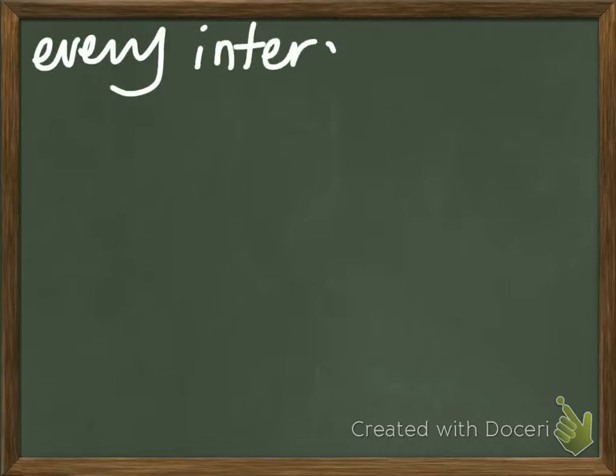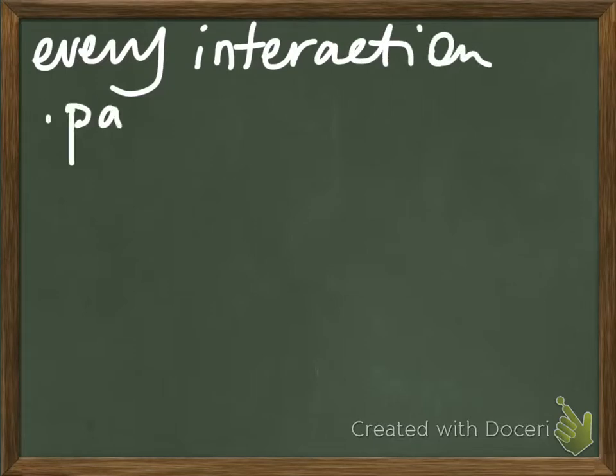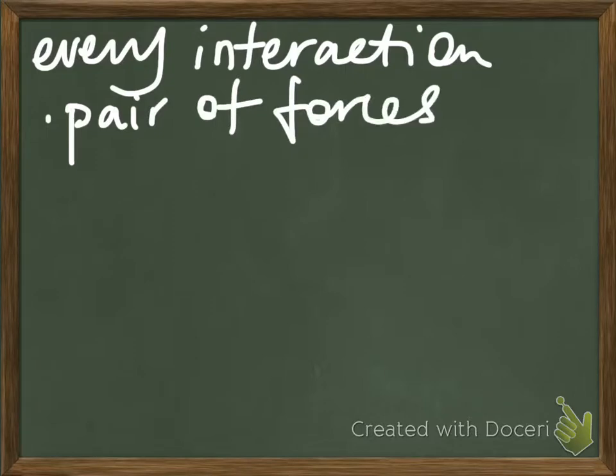Okay, so what does this example tell us? So every interaction has a pair of forces acting on two interacting objects, so always two objects.